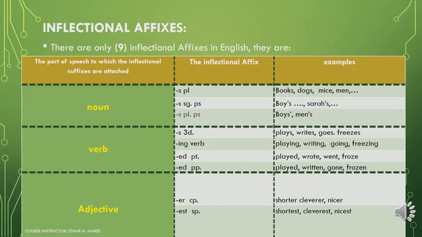Men also is a plural noun. It has an S plural, but it is in the form of an infix. So if I ask you how many morphemes there are in the word mice or men, you would say mice consists of 2 morphemes, mouse and S plural.